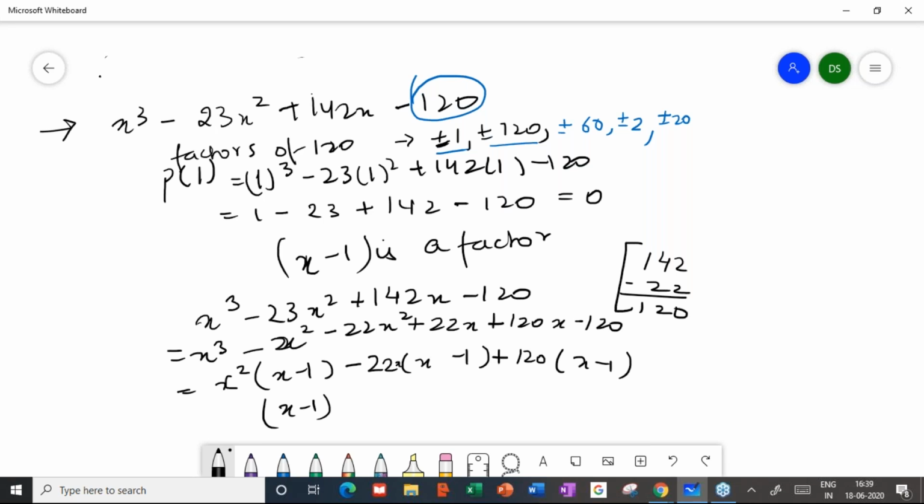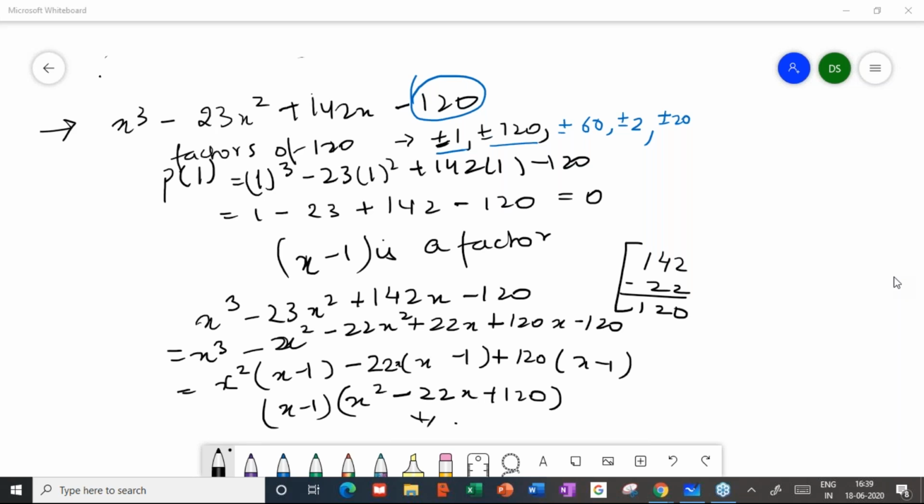I'll take it outside. I'm left with x square minus 22x plus 120 as my other bracket, right? Now this I'm going to split the middle term and find the remaining 2 zeros. So in case you are given a quadratic, this is how you proceed. This question is there in the workbook, but it's in level 3, and only one is there as an example.